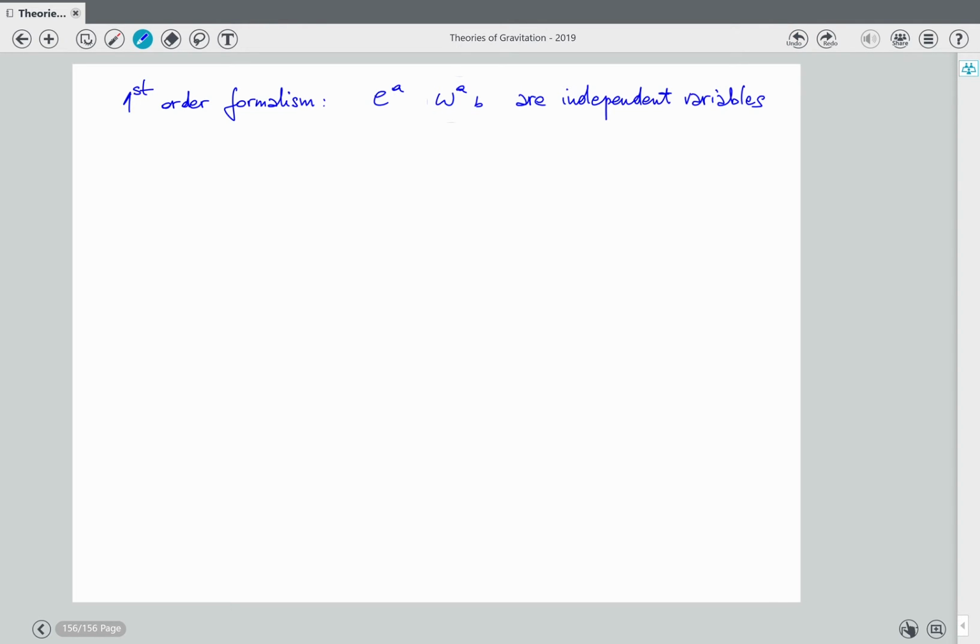And so you just have one independent field, the field vierbein, or the metric. Now, what assumptions do we make in the case of the Palatini action? We assume metric compatibility but not vanishing torsion.